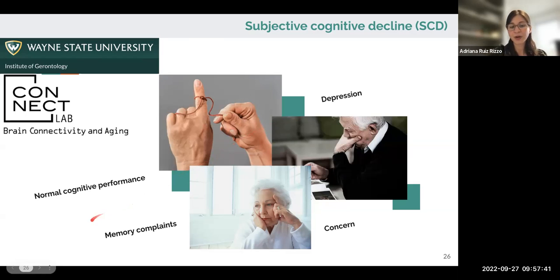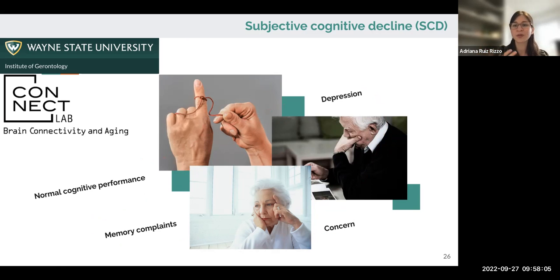This is then characterized by memory complaints. People are concerned about those complaints, those decreases. There could be depressive symptoms associated because of the loss that is perceived. People fear that they could develop dementia later on. But the puzzling thing is that there is normal cognitive performance.